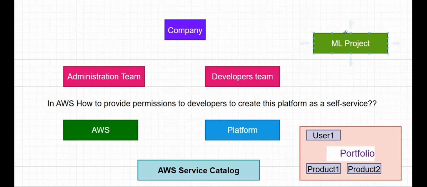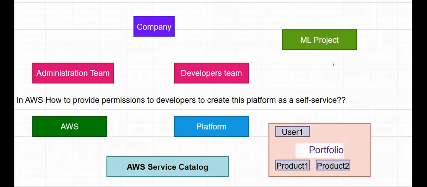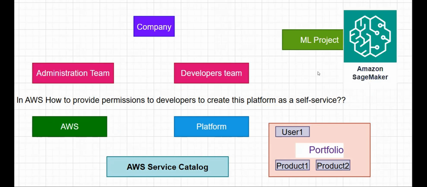Currently we are considering that we got some ML-related business problem or project. AWS provides us some services for ML-related projects, for developing ML models for a business case. AWS provides us a platform, that is AWS SageMaker.